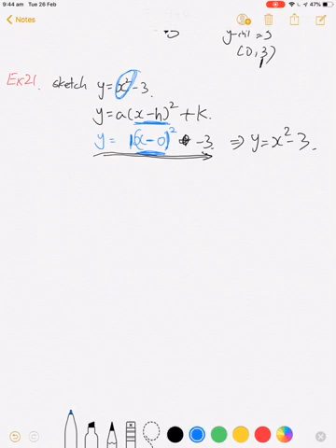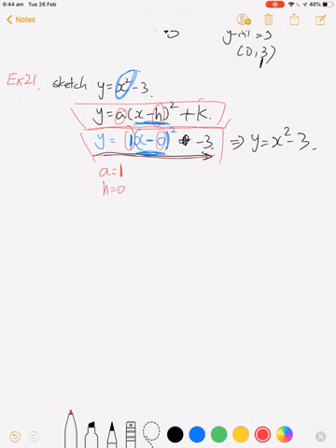Okay, so now just by comparing this form and our turning point form, I will know my a is equal to 1, my h is 0, and my k is negative 3.